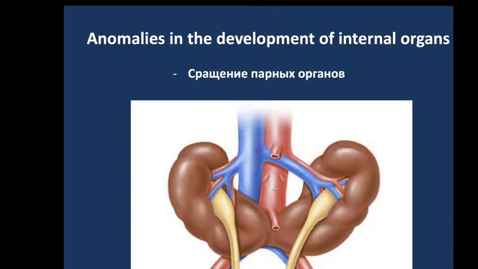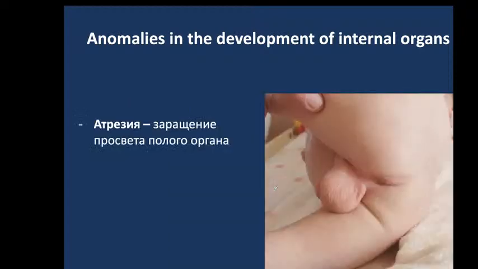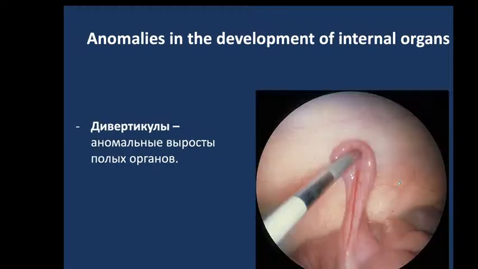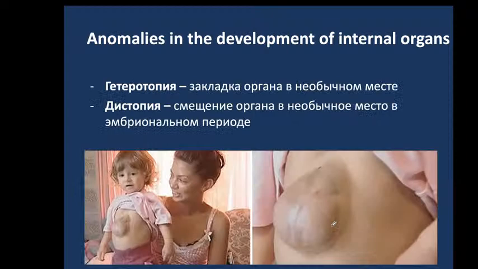Another abnormality is atresia, like no anus here, when a hollow organ is not open, not connected to the external environment. Diverticulum is an abnormal appendix of a hollow organ.